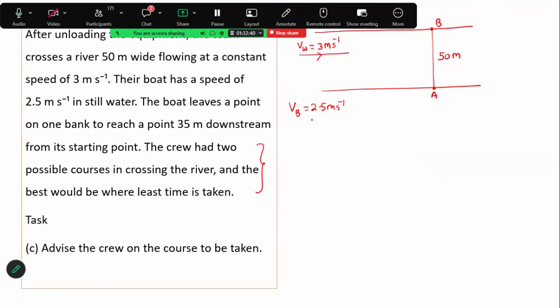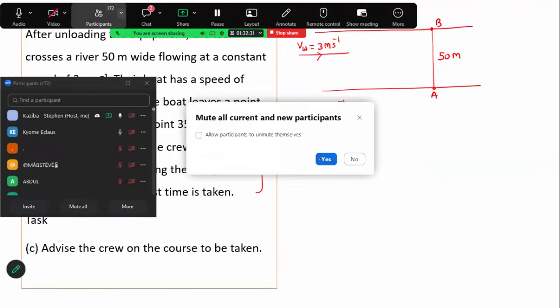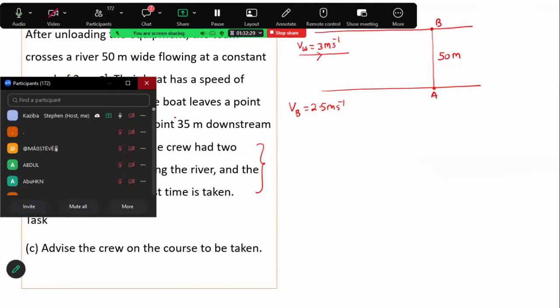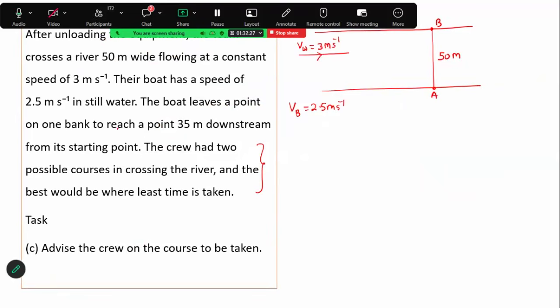Now, this is the case we have. What is the sweet challenge? They have told that the boat leaves a point on one bank to reach a point 35 meters downstream from its starting point.